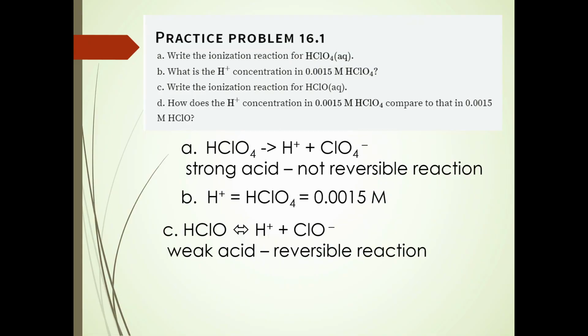So I need the double-headed arrow in there. And because of that, the amount of H plus I'm going to get out is much less than 0.0015. I don't know exactly how much less if I don't know what the percentage of dissociation is, but it will definitely be less than the original concentration.